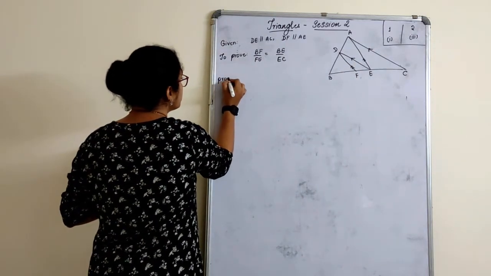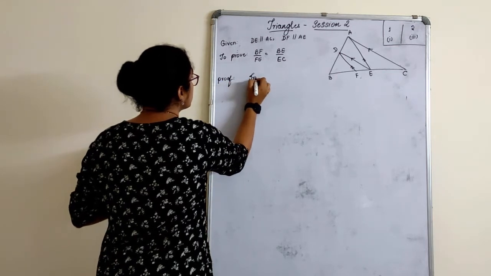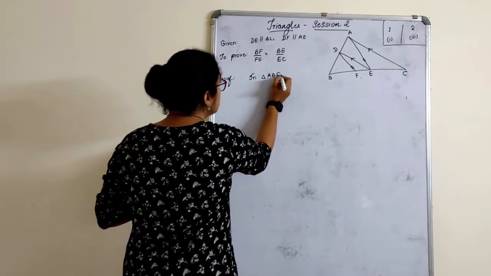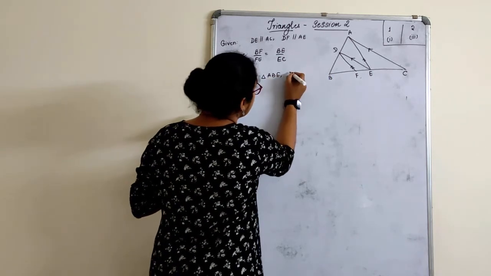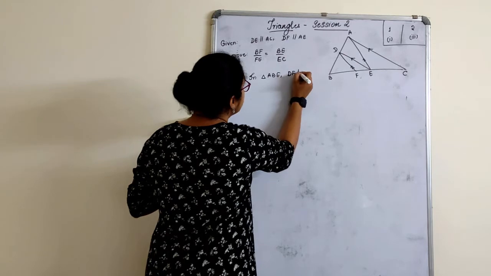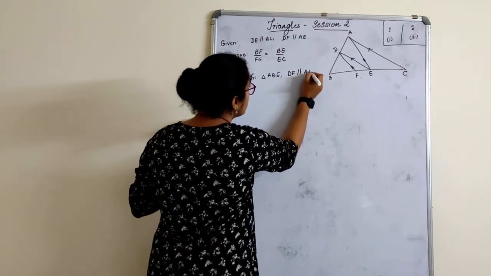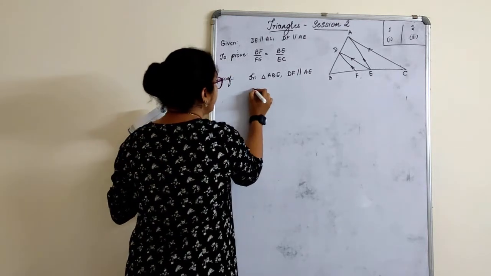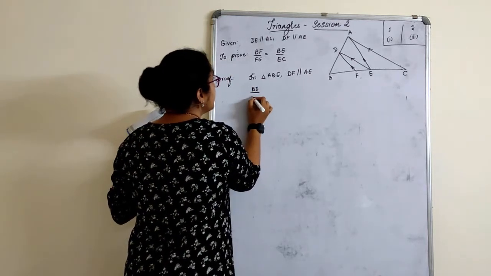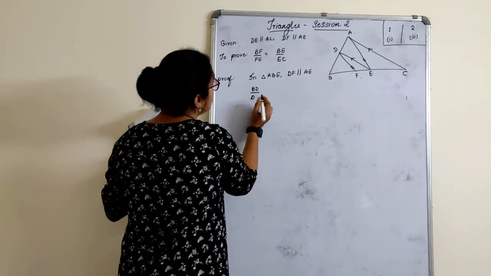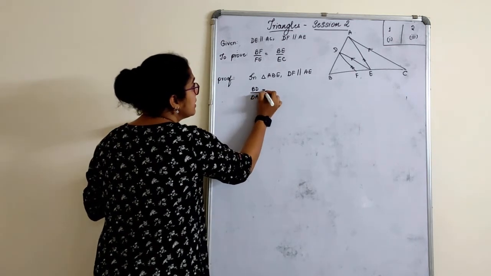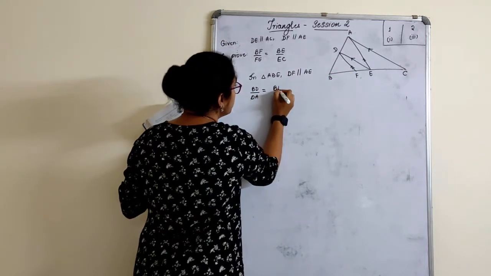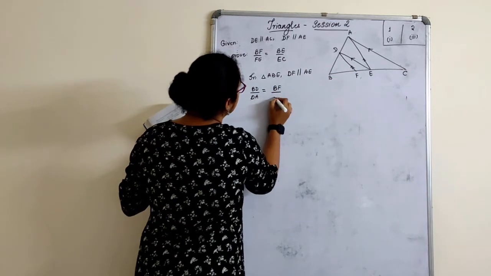Proof. In triangle ABE, I can tell that DF is parallel to AE. Correct? These two are parallel. So if these two are parallel, I can write BD upon DA is equal to this upon this, which is equal to BF upon FE.